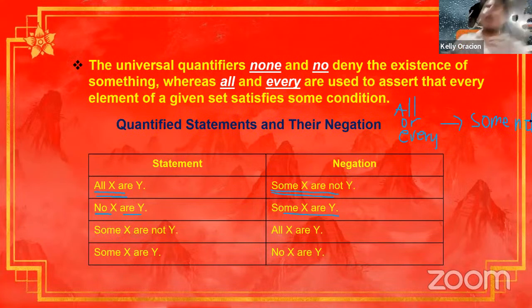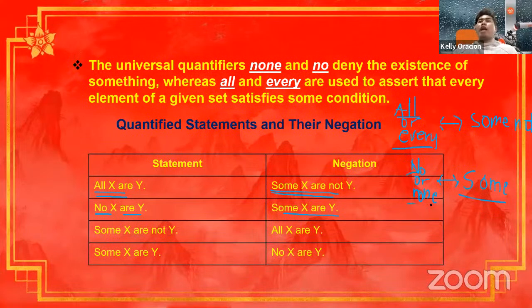But when your statement is no or none, the equivalent negation is some. Same with some not: when your statement contains some not, the negation should be all or every. When your statement is some, the negation is no or none.